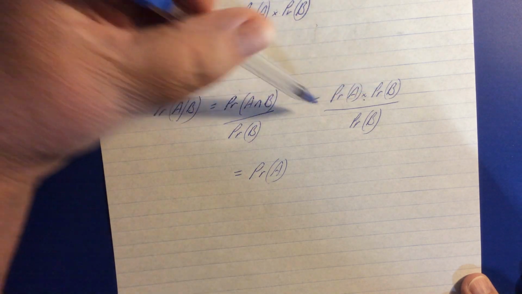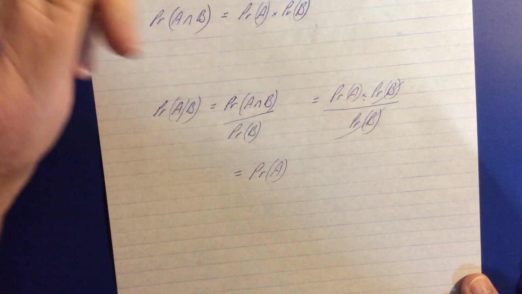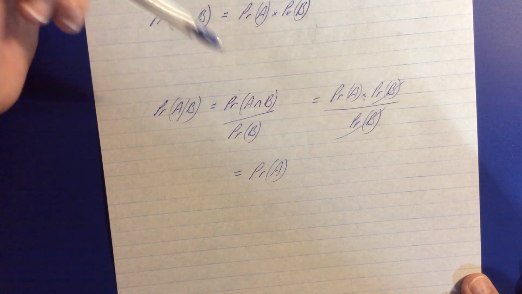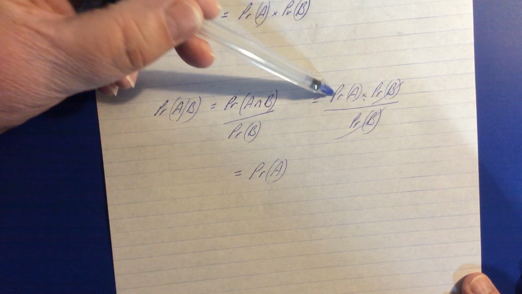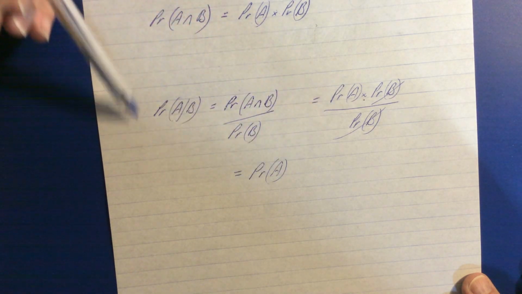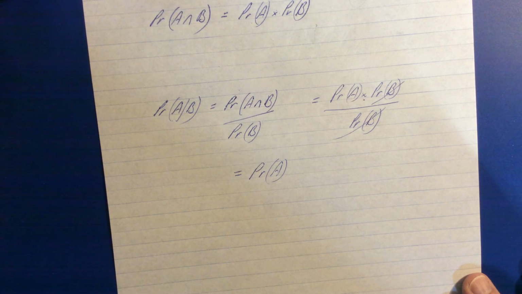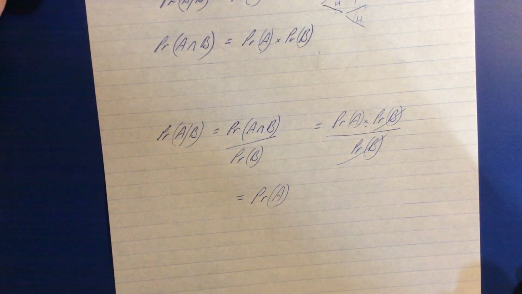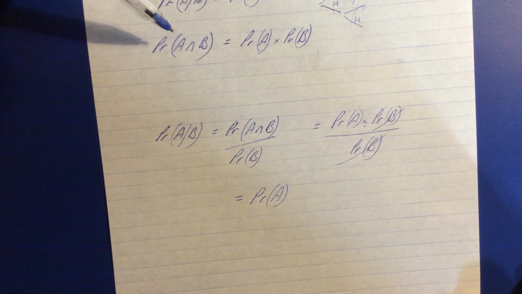But note, we can cancel, because that divided by that will give us 1. And we're left with that, the probability of A. So we've gone round in a big circle to some extent. The probability of A given B, if the events are independent, is equal to the probability of A.